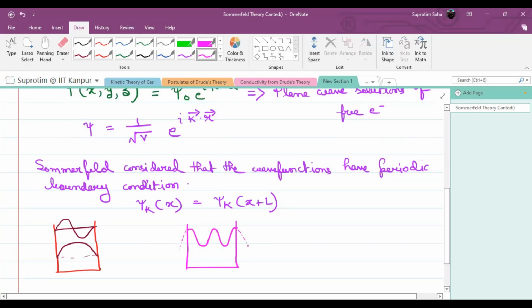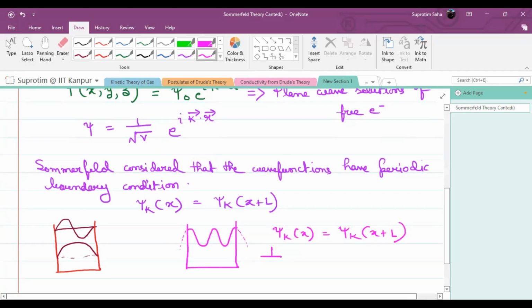So the wave function did not go to zero at the walls of the container. So psi_k(x) equals psi_k(x + L).